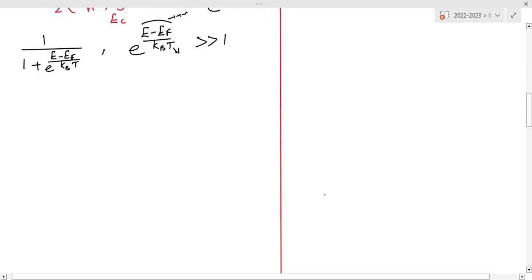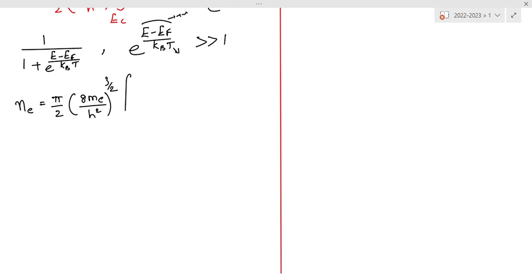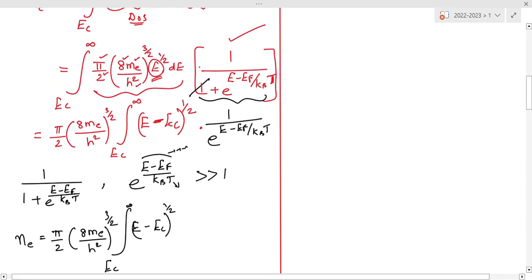I am rewriting the above equation as Ne is equal to pi by 2, 8 me by h square, the whole power 3 by 2, integral EC to infinity, E minus EC power half, and I have dE also here.